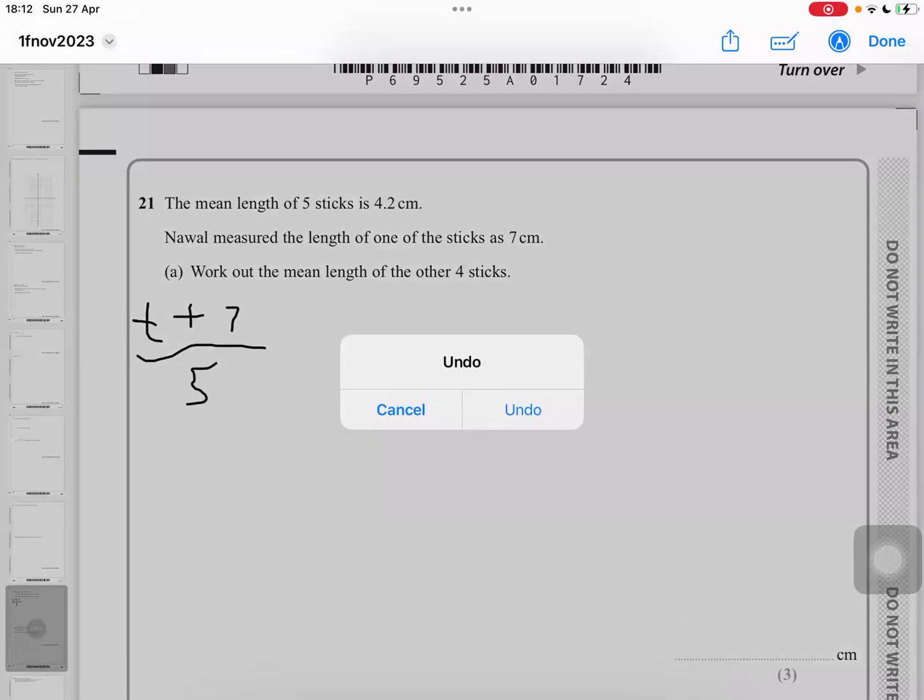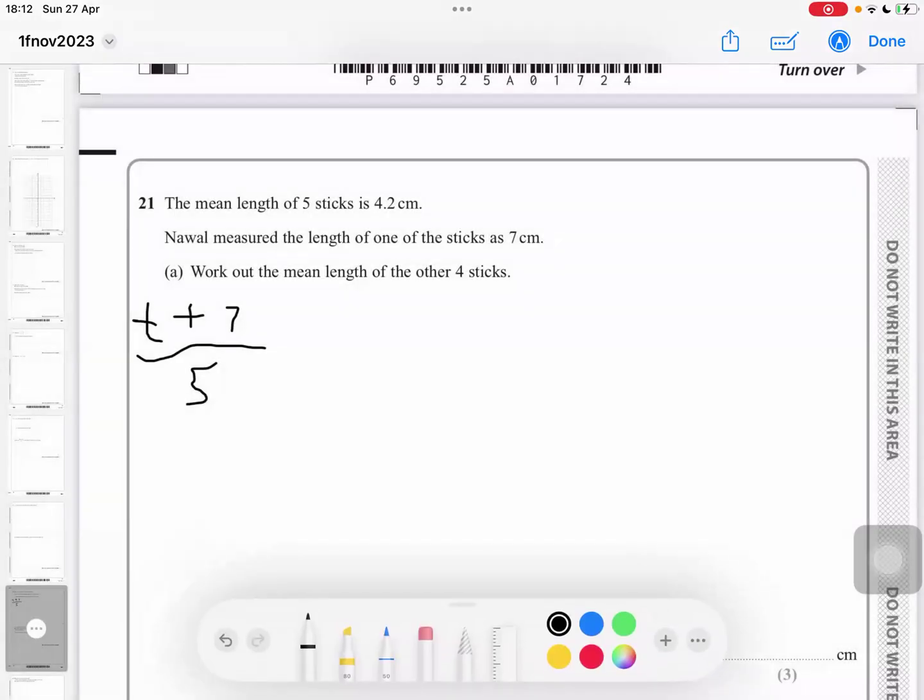What's 4.2? Yes, 4.2. You can put the equals to just after the division sign. Yes.